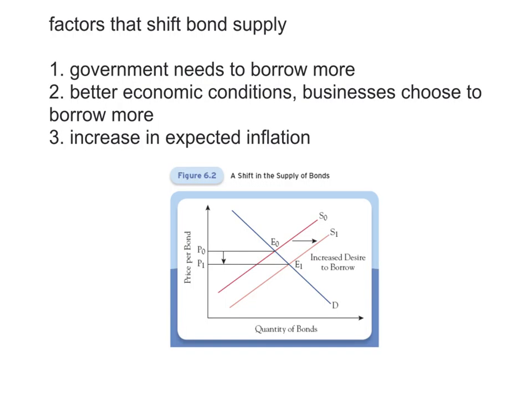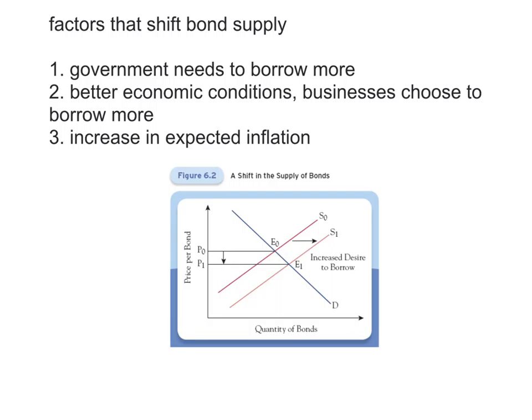So like any demand and supply model, we begin by talking about the factors that affect the supply curve and the factors that affect the demand curve. Then the last step is to bring demand and supply together and talk about equilibrium.